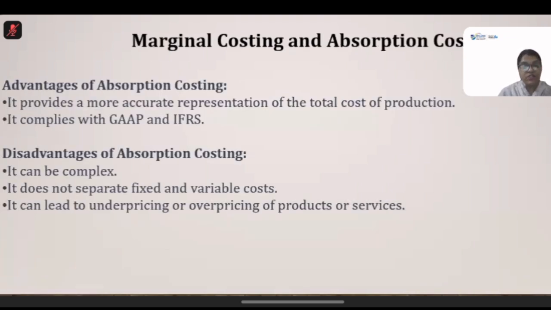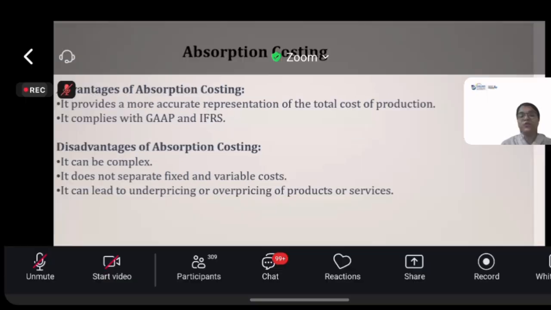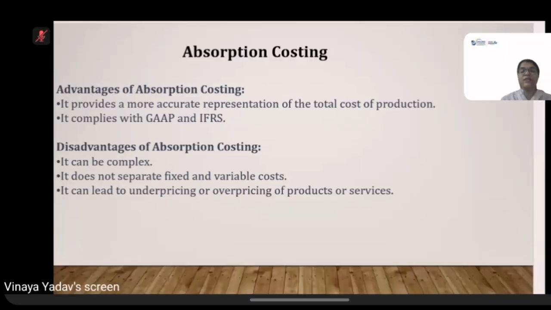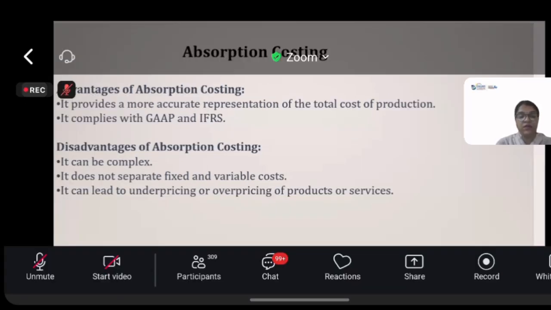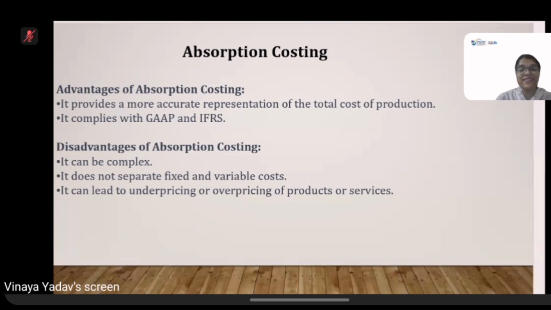What are the advantages for students? It complies with GAAP and IFRS. What is GAAP? Any idea? GAAP is generally accepted accounting principles. So absorption costing is required by GAAP and IFRS for external reporting. IFRS is international financial reporting standards.